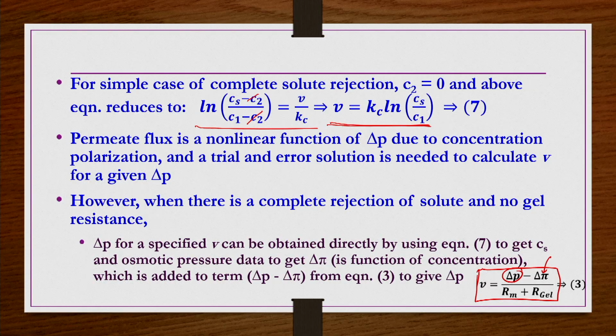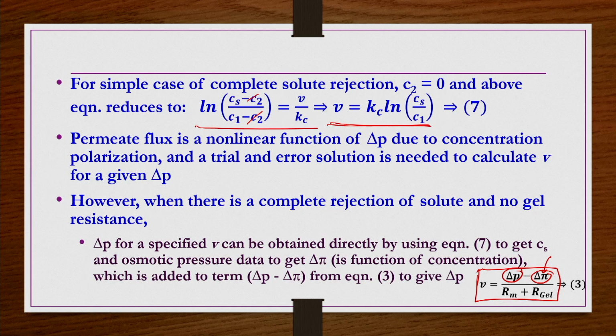That you can calculate by these equations. For that you need delta pi. This delta pi can be obtained from the Cs concentration, and Cs you can obtain from equation number 6 or 7 depending on the rejection. If it is complete rejection, then equation number 7 can be used. If partial rejection, then equation number 6 can be used. That is the point of using this equation.